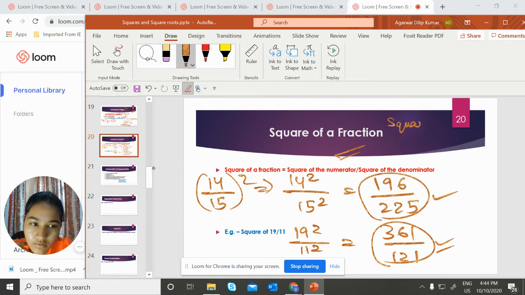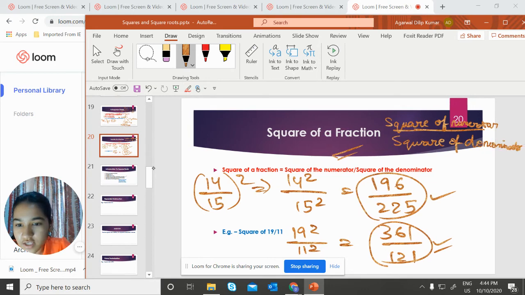Square of the numerator by the square of the denominator. If they say find the square of any number, find the square of 13 by 12, then what are you going to do? 169 by 144.